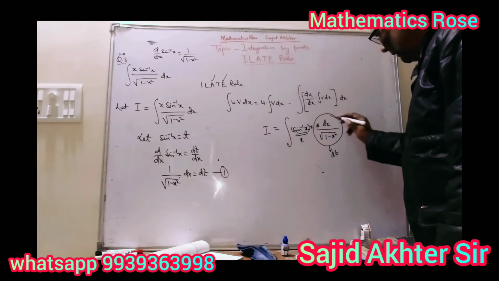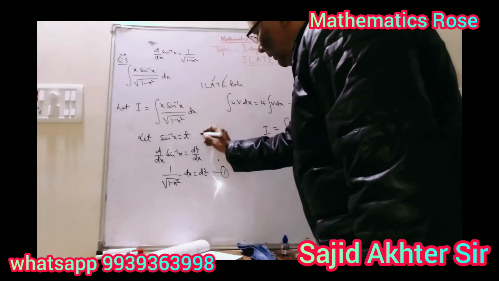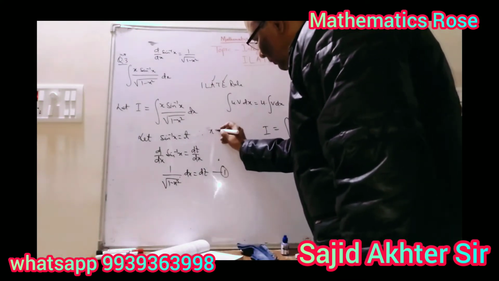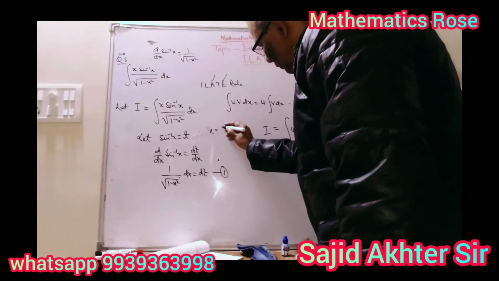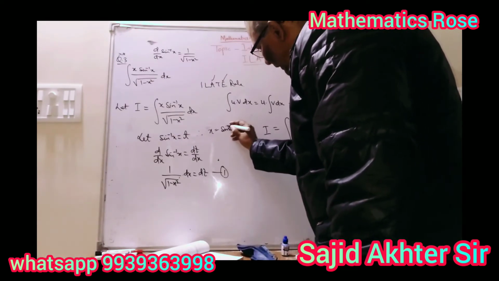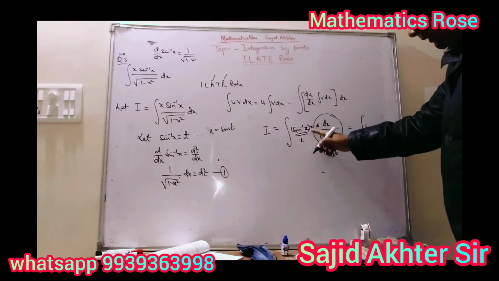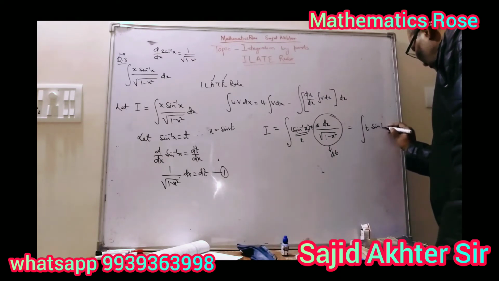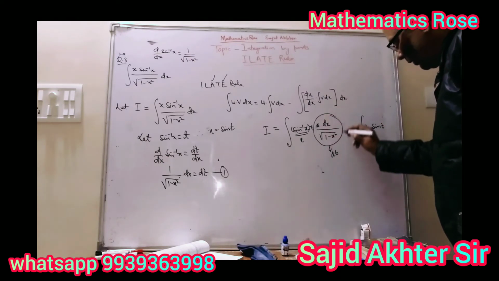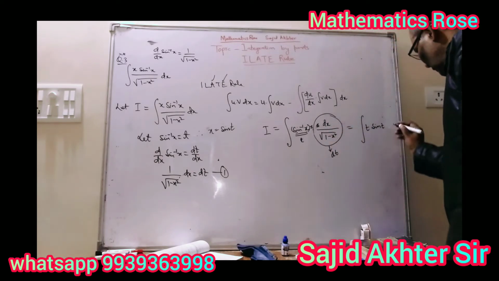So this whole thing is dt, and in place of x, inverse is taken, so sin inverse will come. So x is equal to sin t. So in place of this x we will substitute sin t, and this is equal to dx upon root under 1 minus x square, which is equal to dt.